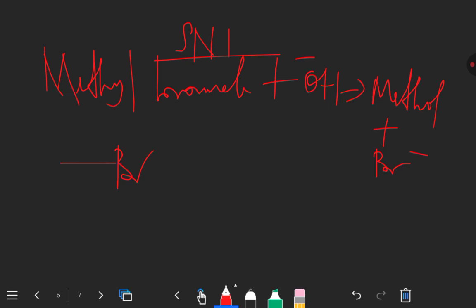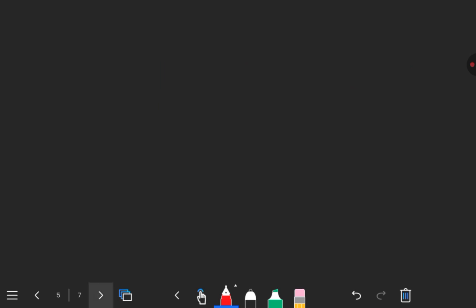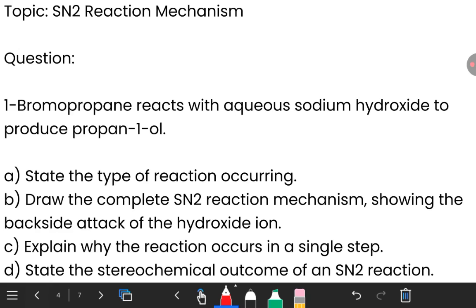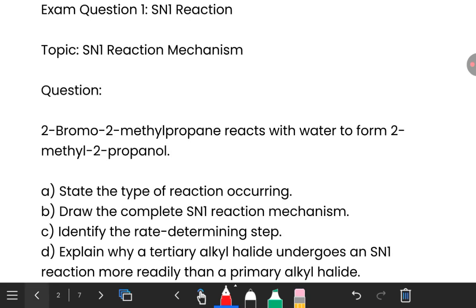Now let's get to solve these exam questions which we have. So the first question is saying that 2-bromo-2-methyl-propane reacts with water to form 2-methyl-2-propanol.